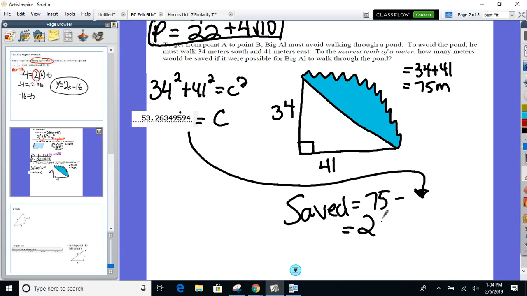There we go. Big Al, 21.7 meters he could have saved.